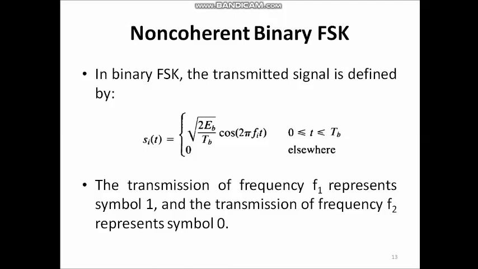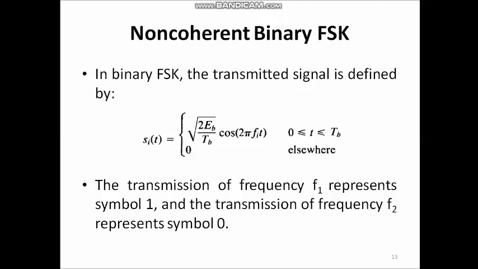So, in binary FSK, we have already discussed this. The transmitted signal is defined by Si of t equal to root of 2 EB by TB cos 2 pi Fi t in the interval 0 to TB, and it is 0 elsewhere. So, this is the equation for the modulated signal in case of binary FSK. Here EB represents bit energy, TB is the bit duration, and Fi is the carrier frequency.